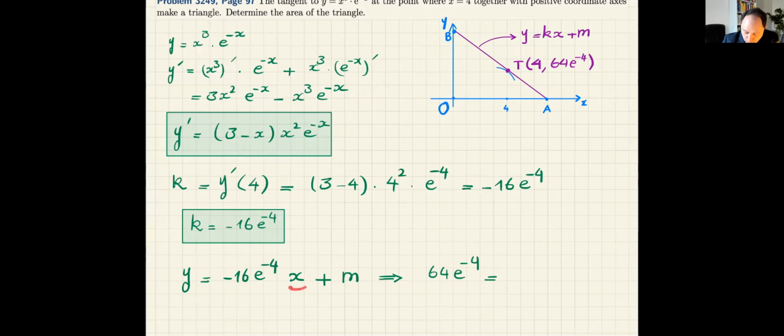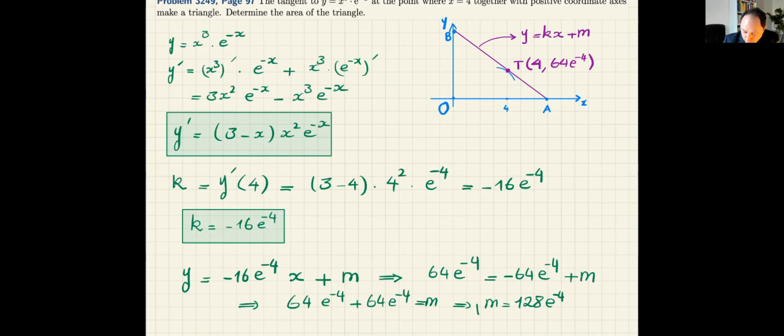So if I put 4 here, this 4 will be multiplied by minus 16, it becomes minus 64 plus m. And then immediately, if I move this to the right, it becomes 64 e to power minus 4 plus 64 e to power minus 4 is equal to m. So this means that m is equal to 128 e to power minus 4. This is my m value.